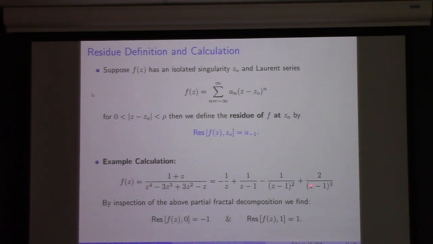And from this, I can read off that the residue at 0 is -1, because the coefficient of 1 over z is -1. And I can also see that the residue at 1 is 1 from this term. These other terms, if you think about how they would expand at those points, just give you power series.